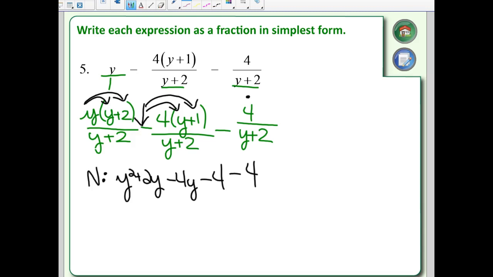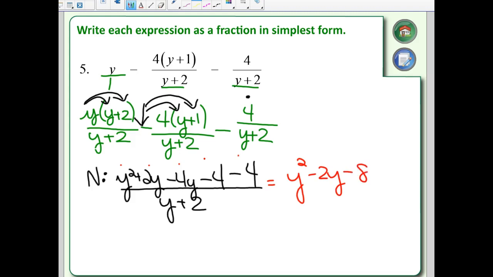All right? So, all of that's going to be over y plus 2. Now let's look at our numerator. Do I have any like terms I can put together? Well, the y squared is going to come along. We've got y squared. We've got 2y and negative 4y, which is negative 2y. And then when we put negative 4 and negative 4 together, we have negative 8 all over y plus 2.